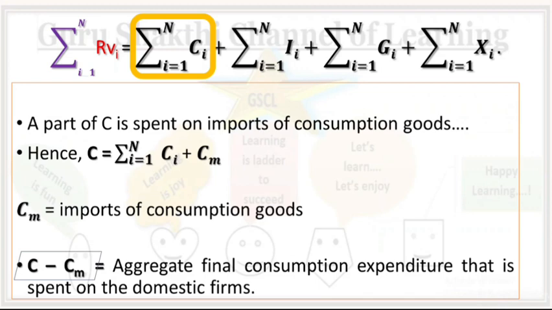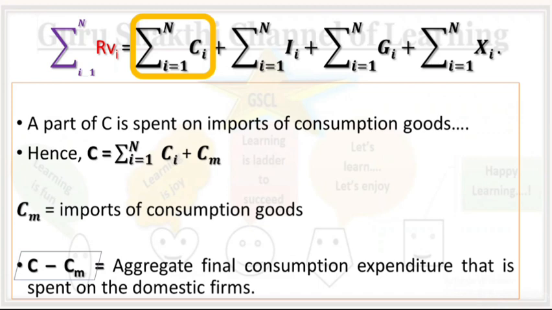A part of C is spent on imports of consumption goods. Hence, aggregate final consumption expenditure is equal to the total sum of all the consumption expenditure on domestic firms plus consumption expenditure on imported goods and services.